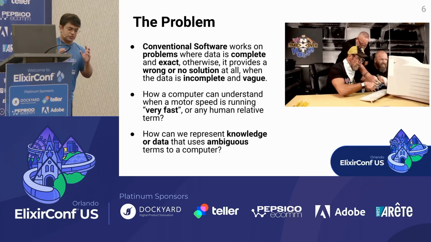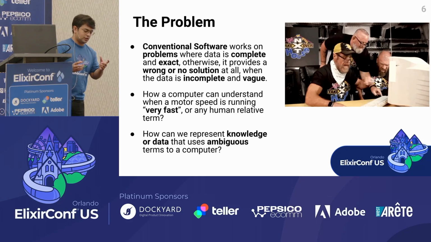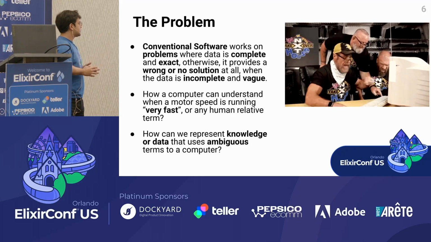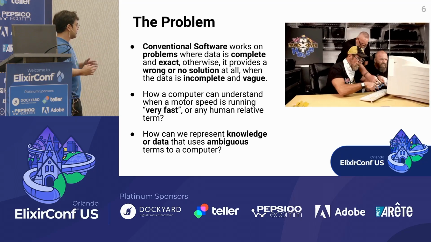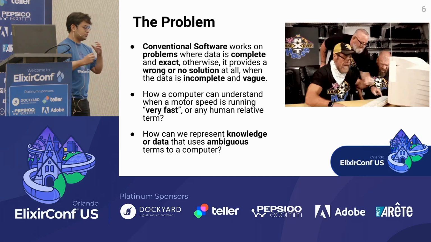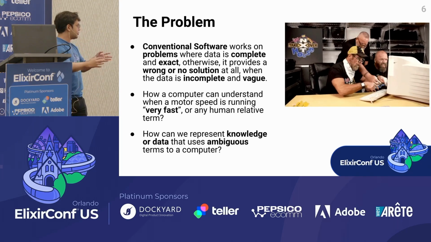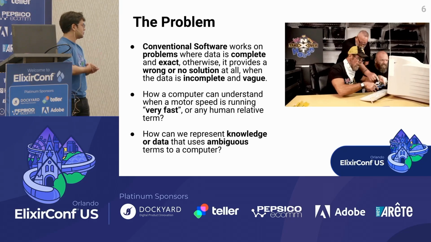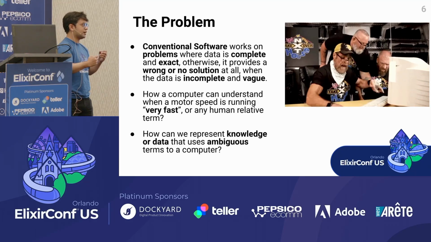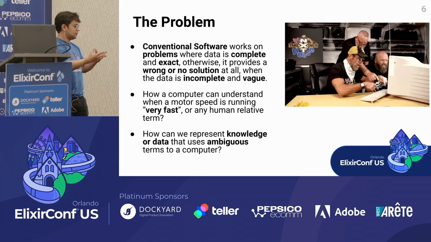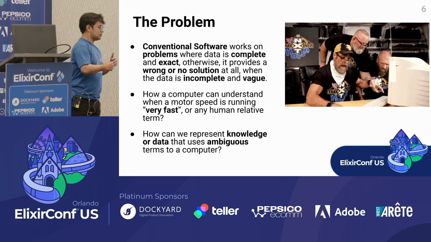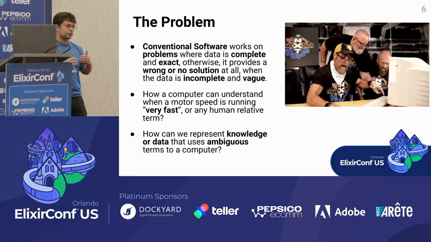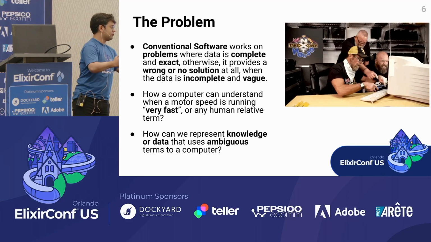Well, uncertainty is basically when the context of the data is not specified. For example, if you tell a computer that a motor is running very fast, the computer doesn't know what to do with that, because it is not a real number that the computer can handle. This is also because the concept of very fast is relative between different human opinions.